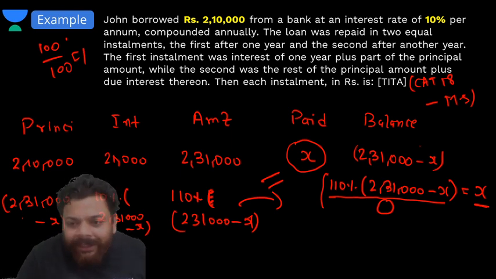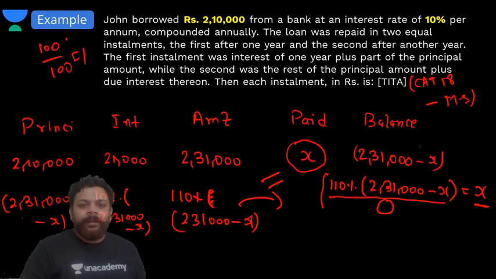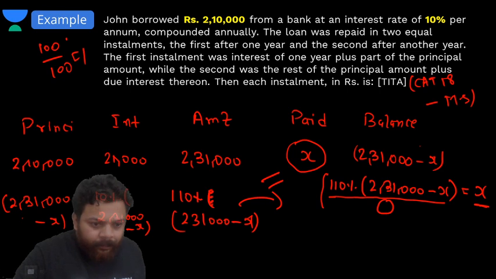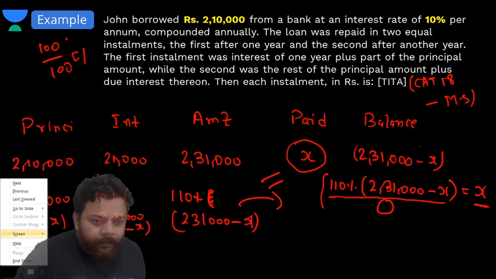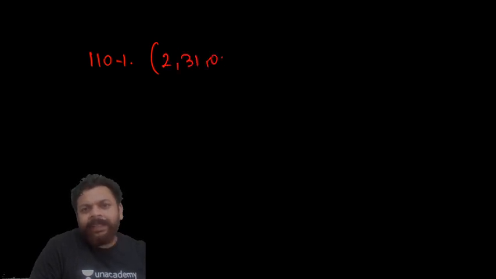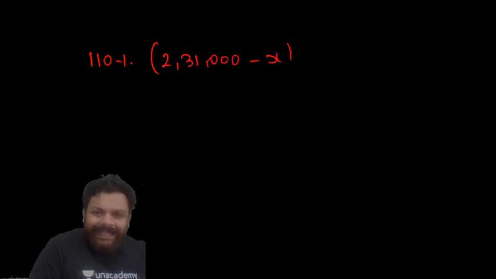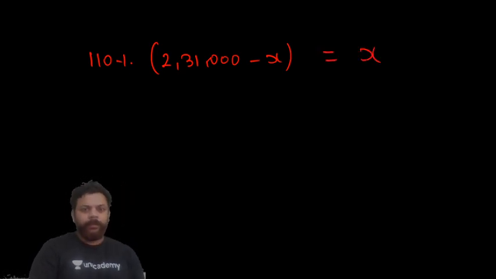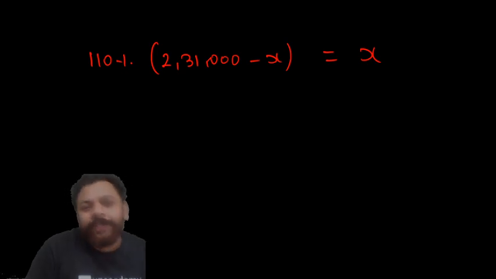So by solving this equation, my equation was nothing but 110% of 2,31,000 minus X, and that must be equivalent to X. This is the first approach, guys.